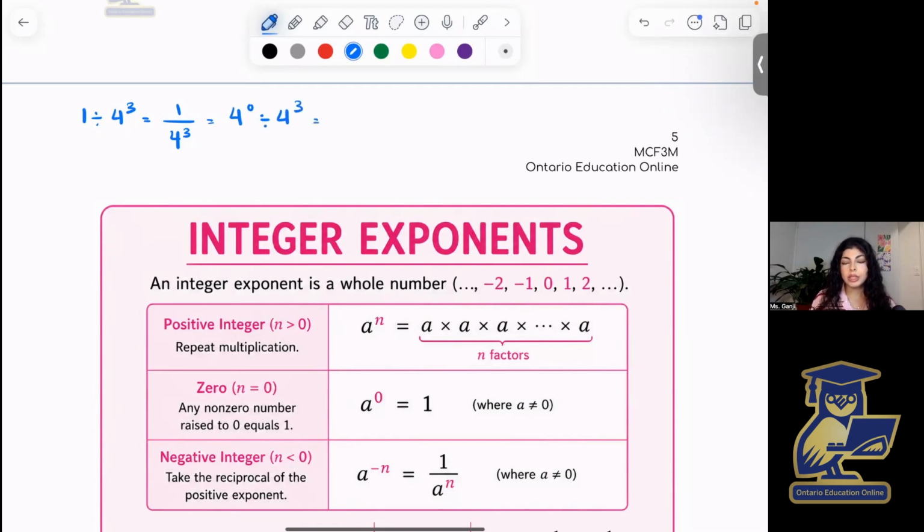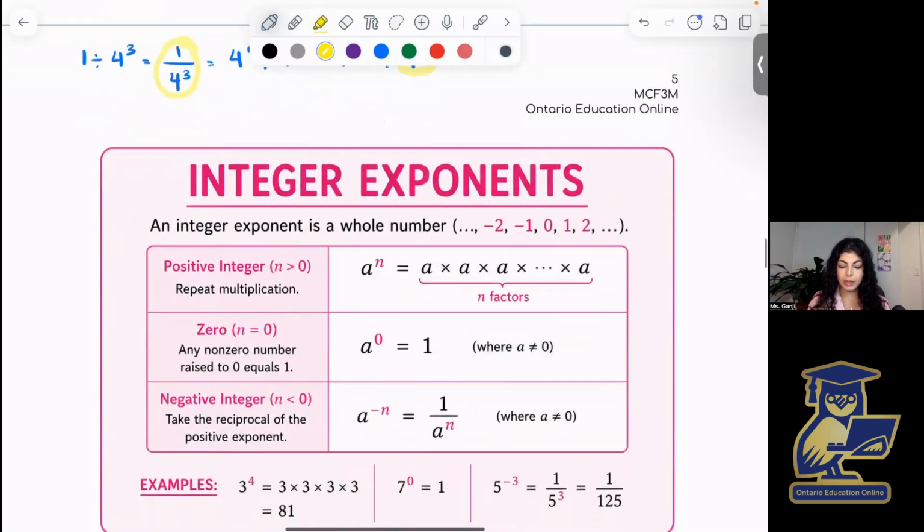Now, this can be just our quotient rule, which told us 4 to the power of 0 minus 3, which is 4 to the power of negative 3. But then 4 to the power of negative 3 is 1 over 4 to the power of 3. And that's exactly what we see here.